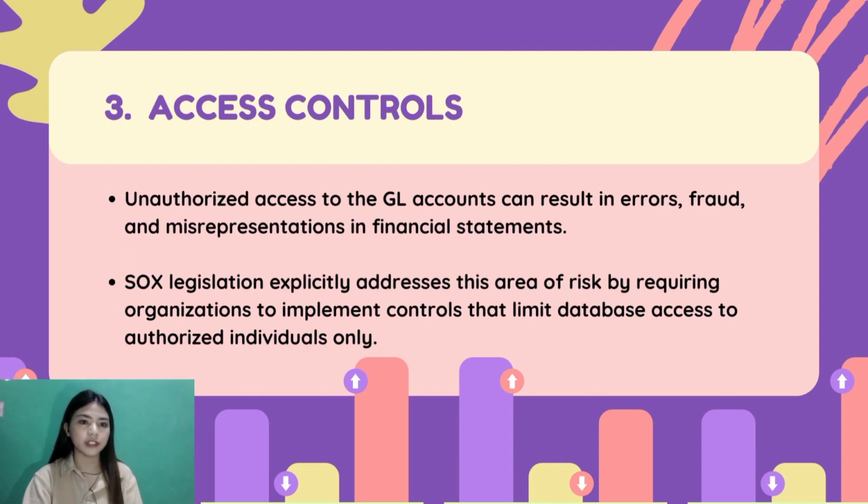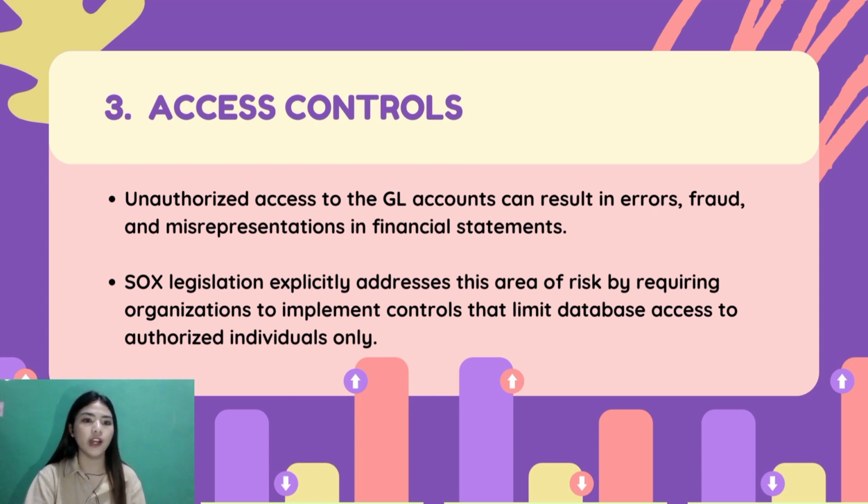And the third cause of control issues is access controls. So unauthorized access to the general ledger accounts can result in errors, fraud, and misrepresentations in financial statements. So kung sinong individual lang ang may rights to access doon sa accounting records, journal, ledger, source documents, sila lang dapat yung may karapatan.